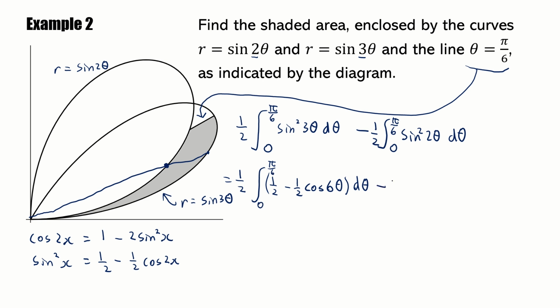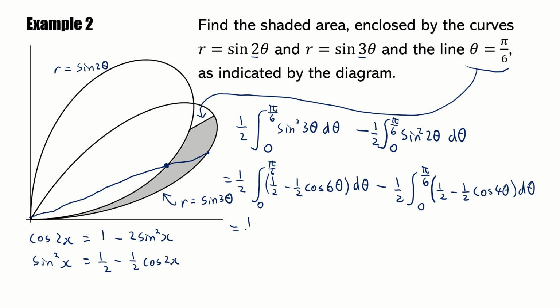And then making a similar adjustment with the other integral. So the integral from 0 to pi over 6 of half minus a half, and it was cos of 2x, but it's now cos of 2 lots of 2 theta. So that's cos of 4 theta. Cool, now we can go ahead and do that.